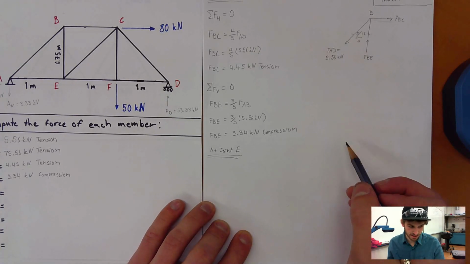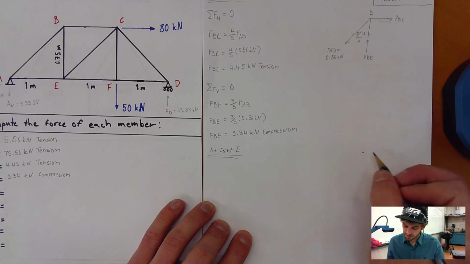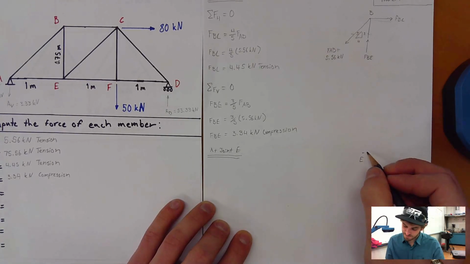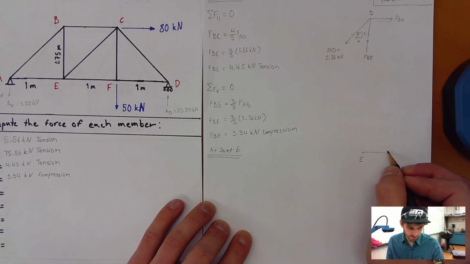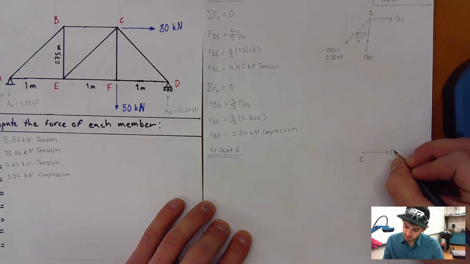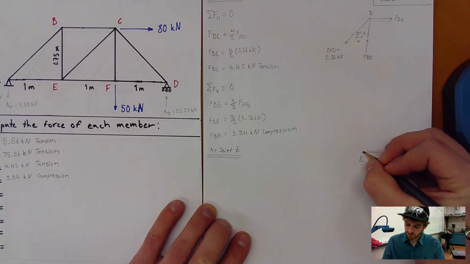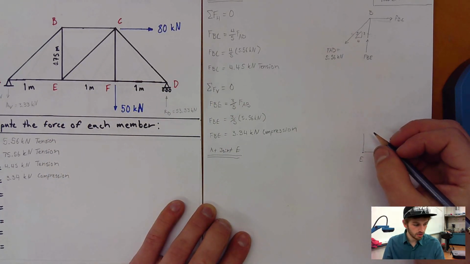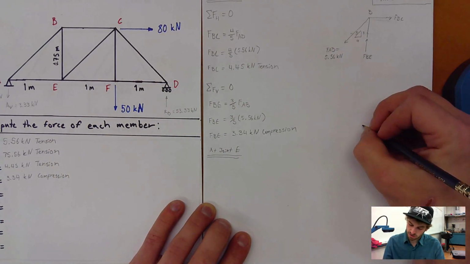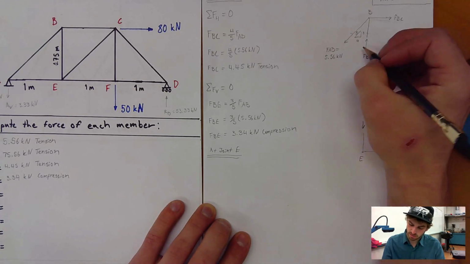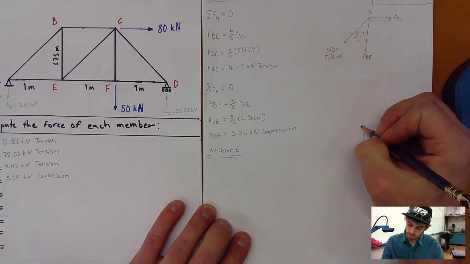We've got a point E, which we'll write down right there. We have a force going this way, which is going to be the force on EF. We've got the force going this way, which is actually pushing in, because this one's pulling this way, that one's pulling that way.